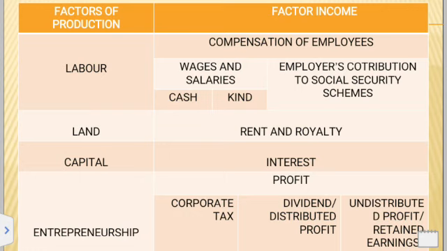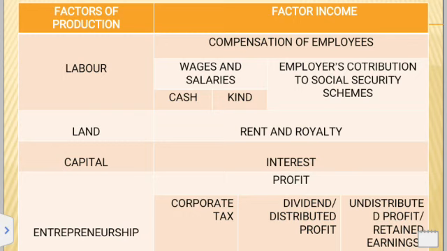Take another example. Suppose a maid is coming to your house and you are paying rupees 1000 per month. Now that rupees 1000 per month is a part of wages to that maid and it is paid in terms of cash.